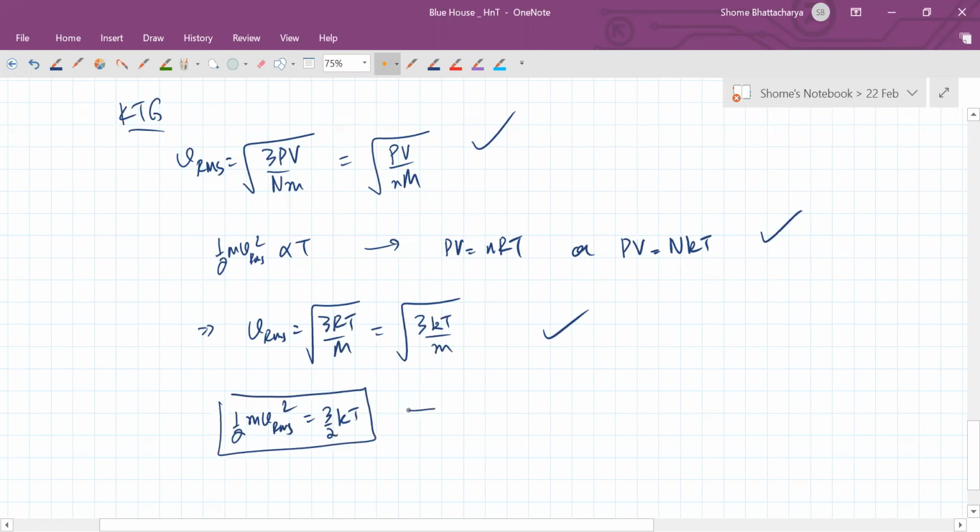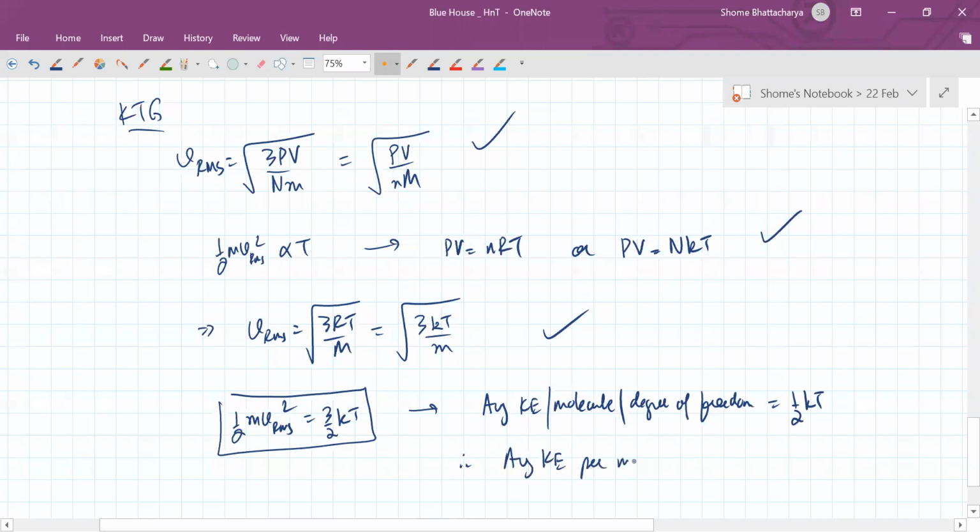So from this we also got that the average kinetic energy per molecule per degree of freedom was half kT. Then the average kinetic energy per molecule becomes f by 2 kT, where f is degrees of freedom.